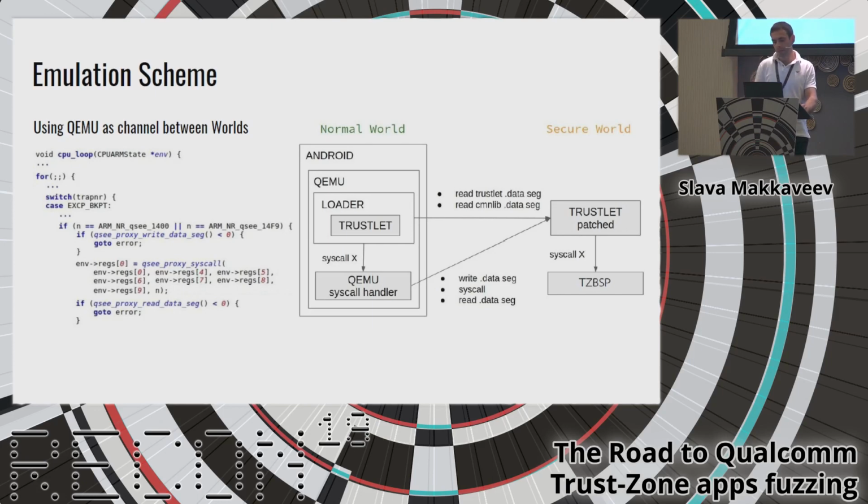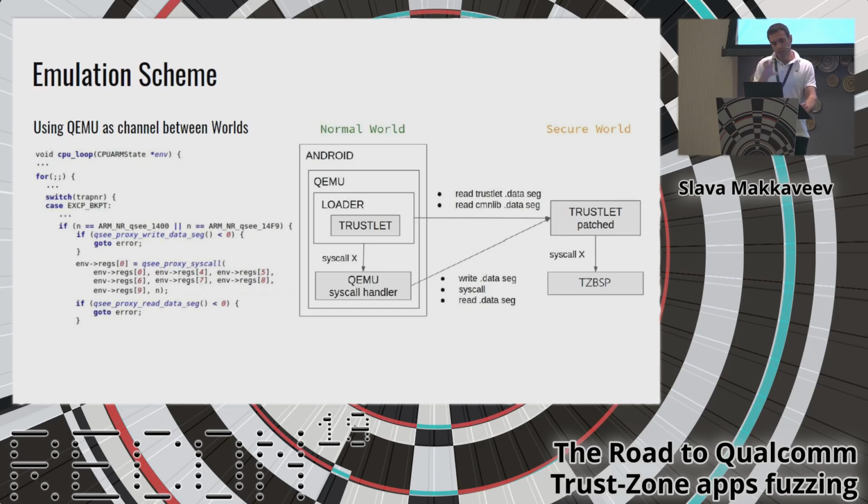We have the trustlet loader program over QEMU on the Android device, and this trustlet loader, before execution, requests from the paged trustlet in the secure world to return its data segment.